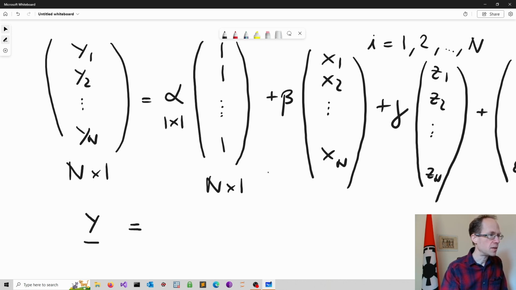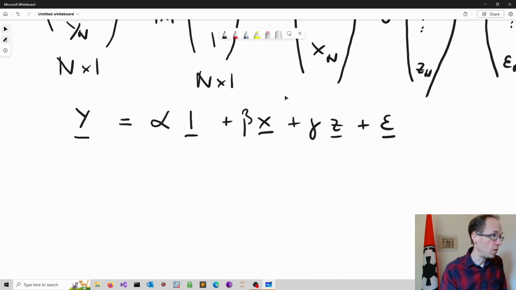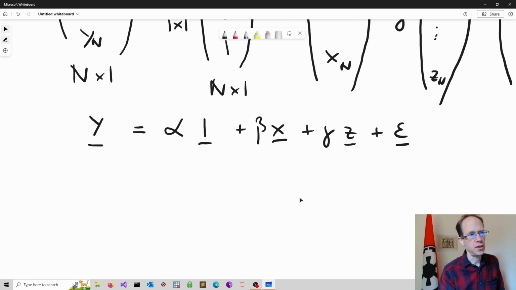The dimension is obvious from the context. And then we have our scalar alpha, and then we have the all 1 vector. So again, I indicate it's a vector using the underline, plus beta, the x vector, plus gamma, the z vector, plus epsilon, our error term. Now this is already a nice way of writing it, but not yet very common.